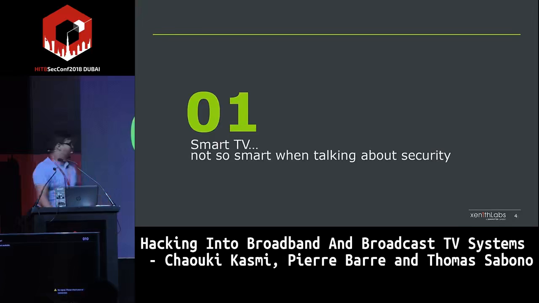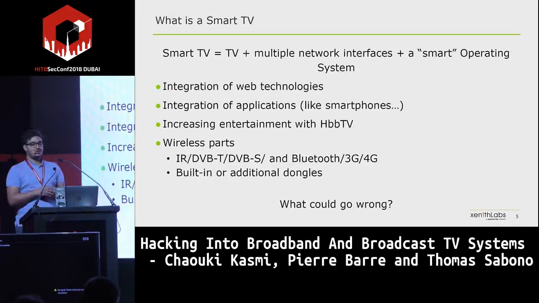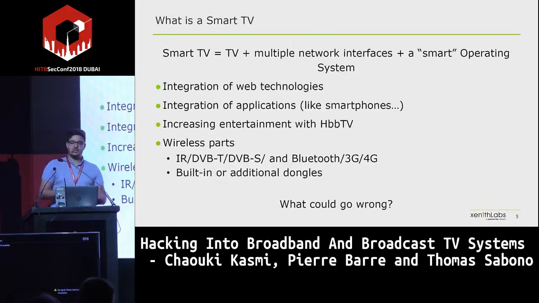So let's talk about smart TV and understand why they are not really smart devices. So what is a smart TV first? A smart TV is basically a very old basic TV where we decided to put inside new network interfaces, and we added new, let's say, smart operating systems with web technologies, applications like smartphones.